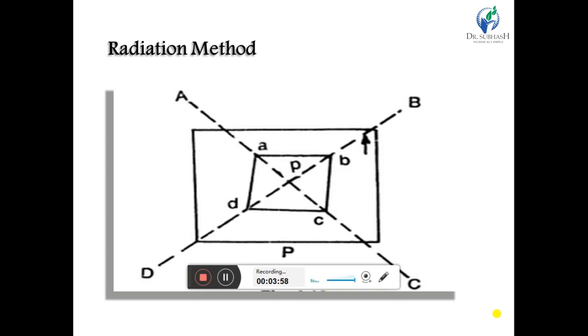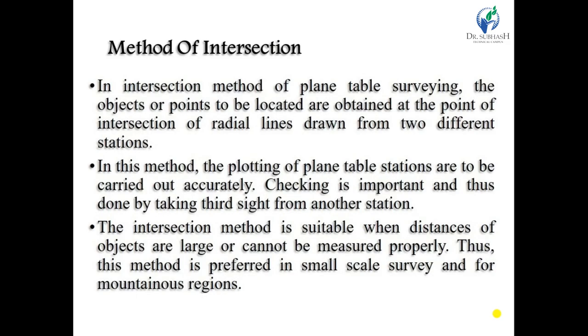First, we pivot the alidade about P, sight the point A and draw the line PA. After that, we simultaneously draw the other lines PB, PD, PC and join the points A, B, C and D. It gives the actual map with respect to the scale of our plane table.